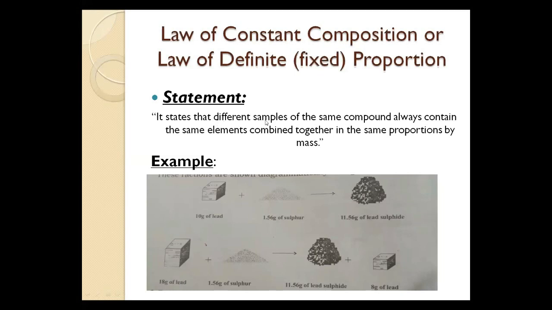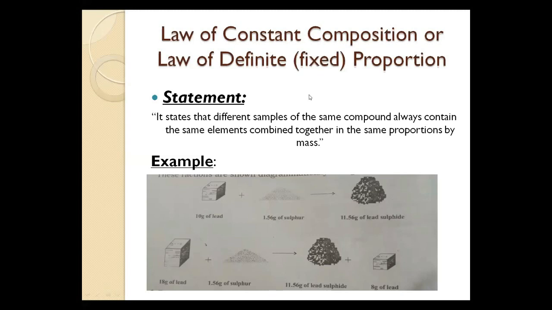Different samples of the same compound: if we take any compound, but take its sample from different sources, this law says it always contains the same elements combined together in the same proportion by mass. Meaning the elements present in this compound are combined in the same ratio, or the same mass of the elements.